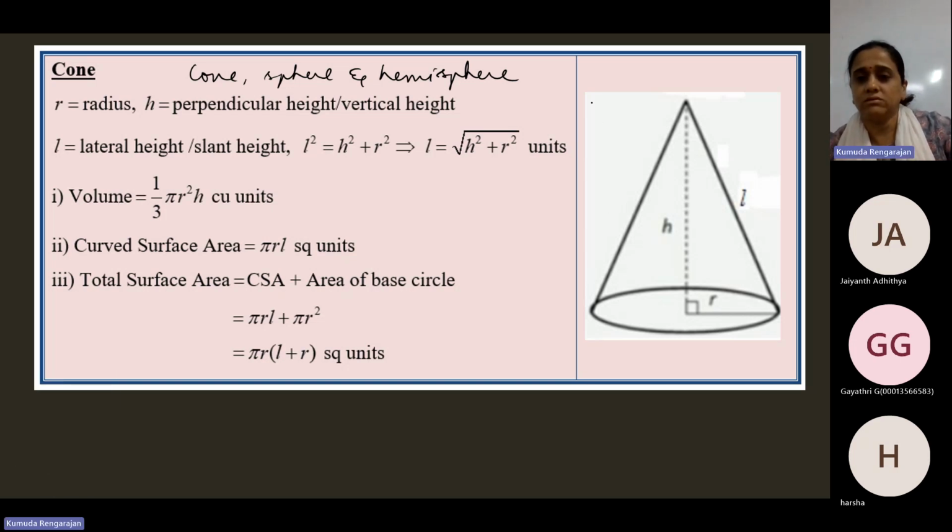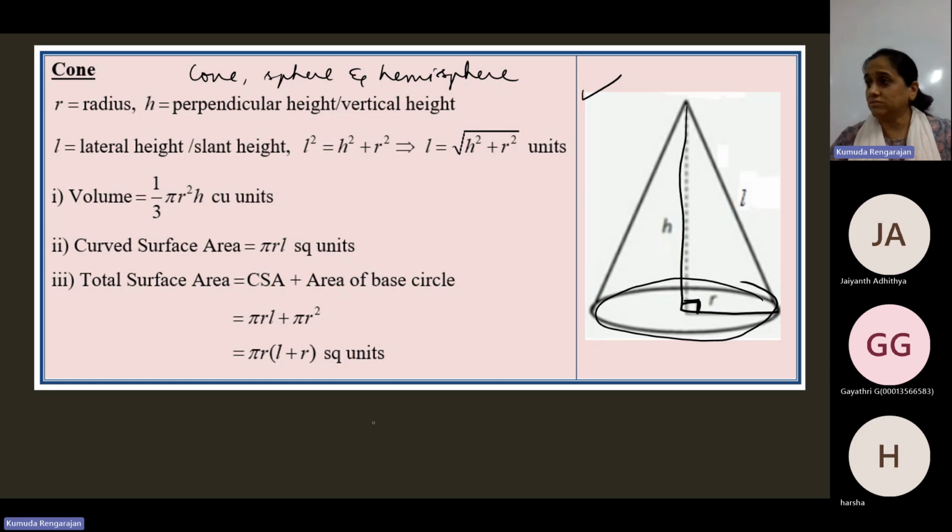So you can see the representation here of a cone. This is called a right circular cone, because this cone has a circular base. And it's a right circular cone because the height of the cone and the radius of the cone are at 90 degrees to each other.